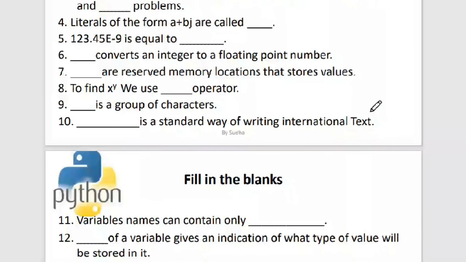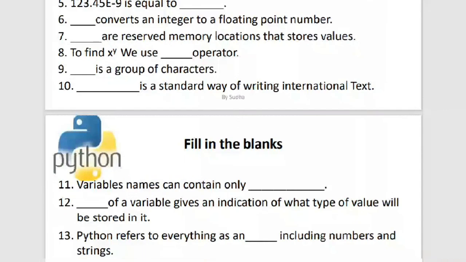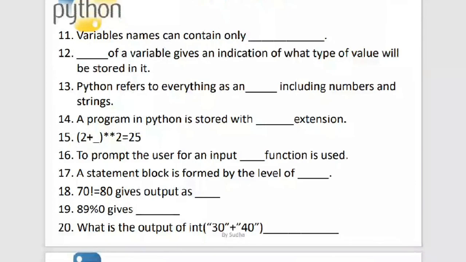Okay, fine. Variable names can contain what? Letters, digits, and underscores. Dash of a variable gives an indication of what type of value it is. Data type. Okay.